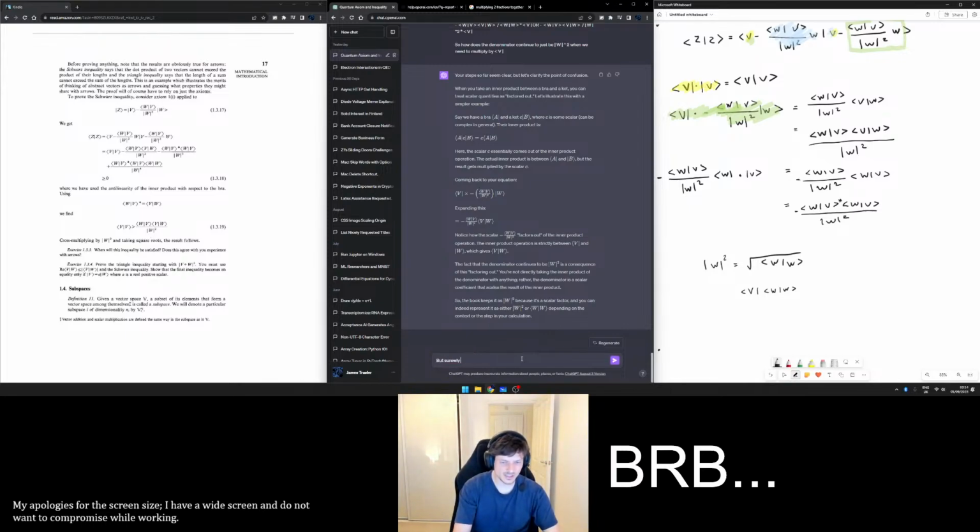But surely missing the multiplication of the scalar affects the end result.